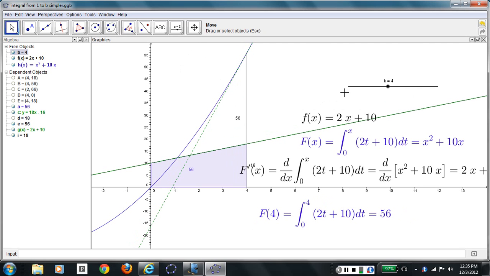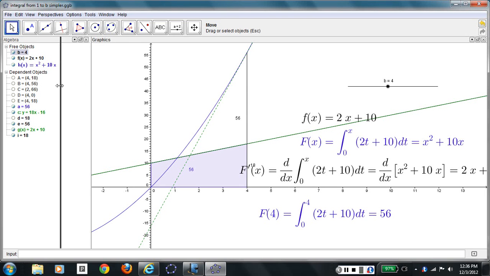So this antiderivative function tells us the area, and technically it's the net signed area between the curve and the x-axis on the interval from 0, and the 0 is arbitrary, it can be anywhere in the domain of this function, but from 0 to x. So you can think of it as an area function or net signed area function.